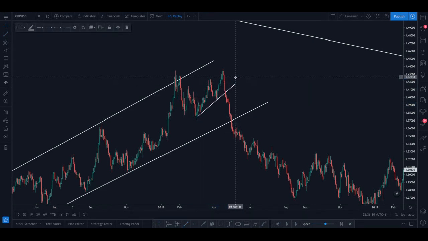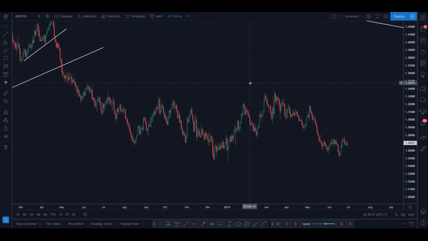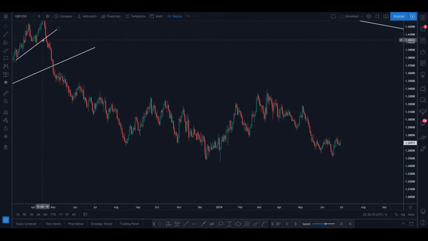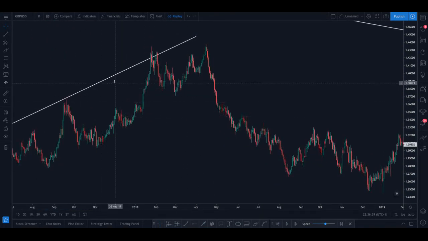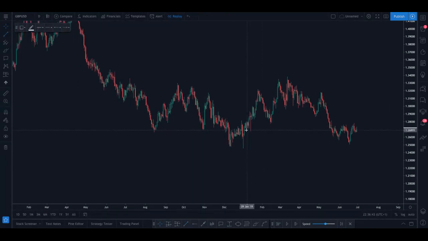So you can see here we had this also short-term ascending structure. Price broke out and then broke out of a second, longer-term area. So that just sort of gives us more confirmation and fruition. I think that's the word that they use, fruition, when analyzing.